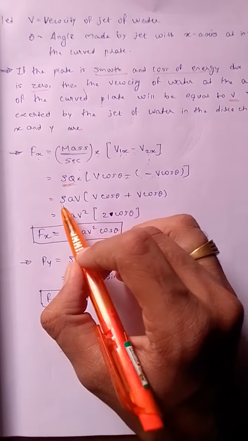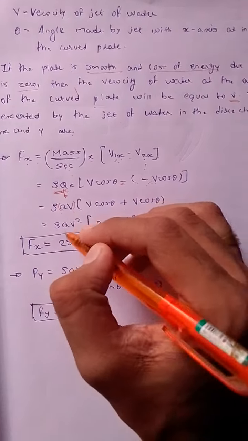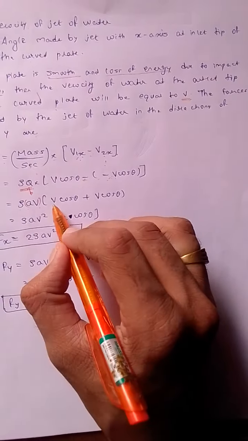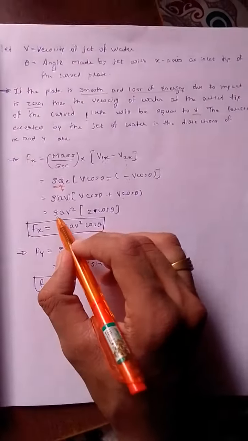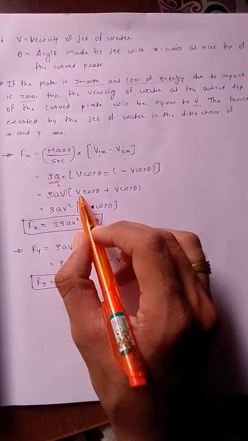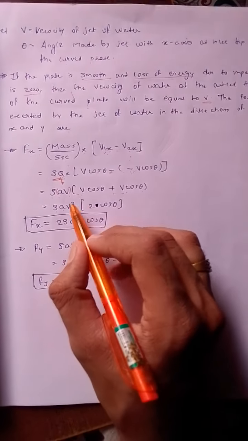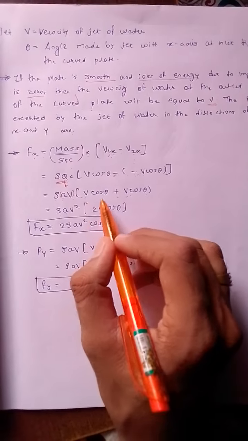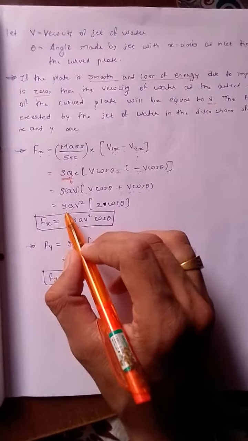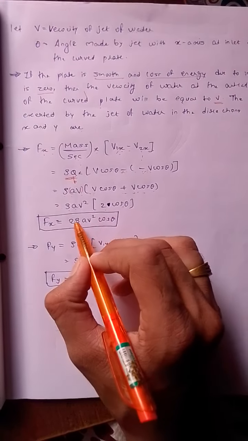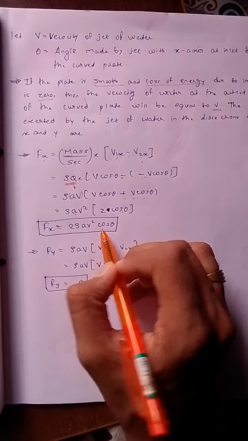Q is written as A into V, so it is rho into A into V into bracket v cos theta plus v cos theta. V is common, so taking it out, it will be V square into bracket cos theta plus cos theta, which is 2 cos theta. So the final equation is 2 rho A V square cos theta.